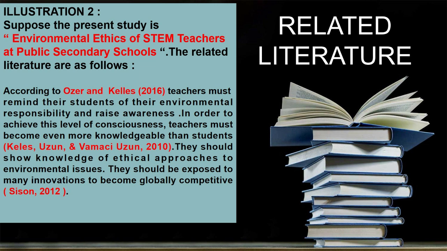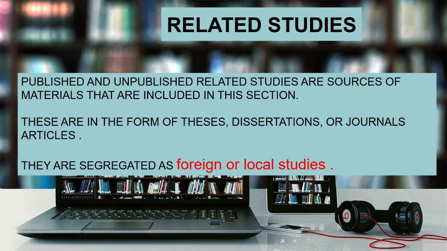They should show knowledge of ethical approaches to environmental issues. They should be exposed to many innovations to become globally competitive, according to Sison in 2012. The given here are published research papers, both local and international. The studies of Ozer and Kellis are all published in an international journal, while the study of Sison is published at a local journal at NEUST.